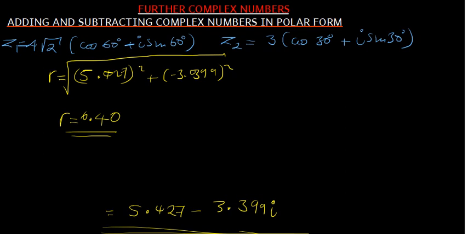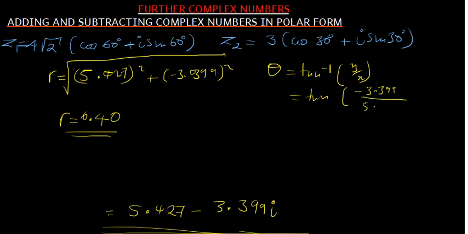And the other value that we need to find is the angle theta. So theta is given by tan inverse y over x. So the y value here is the value containing i, the imaginary part. So that is negative 3.399 divided by 5.427.